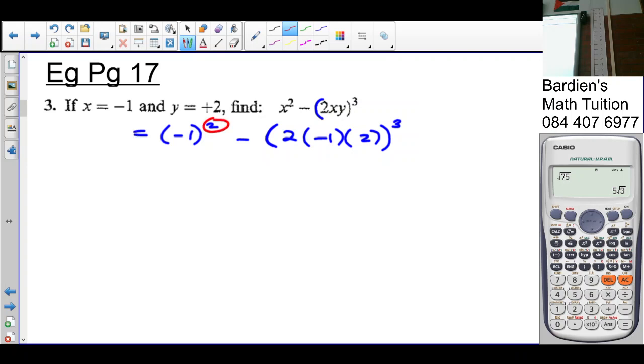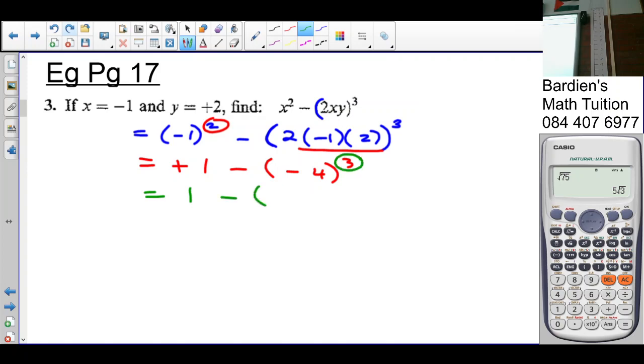Now what do we do? We'll sort out the square and we'll multiply inside it. Okay. So what's negative 1 squared? Positive. And 1 squared? 1. Minus. So I can sort inside the bracket out. What is positive 2 times negative 1? Negative 2. Negative 2 times 2? Negative 4 raised to the exponent 3. So we have 1. So we're going to sort out our cube now.